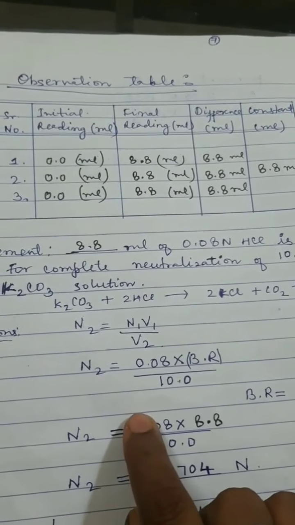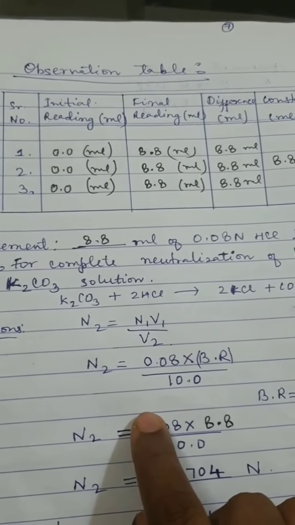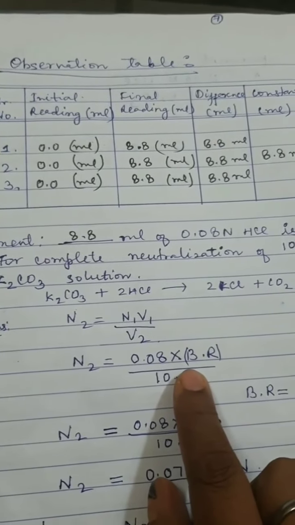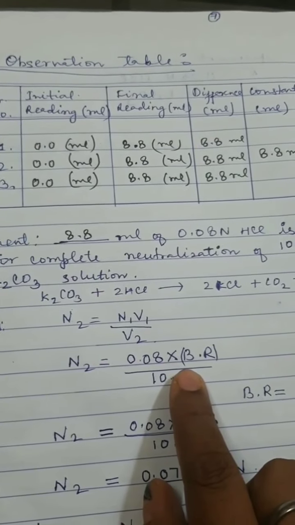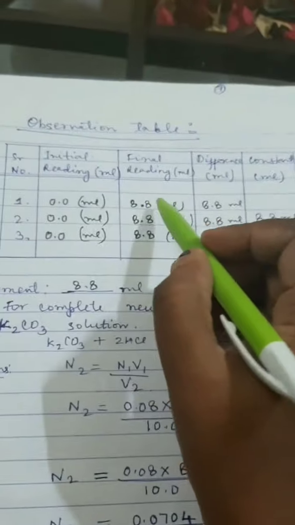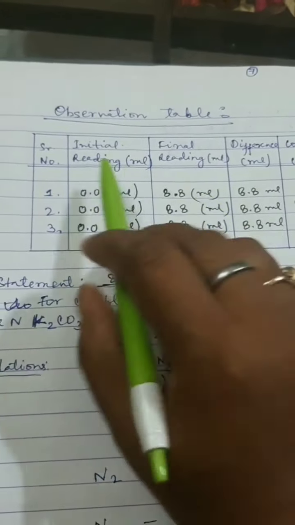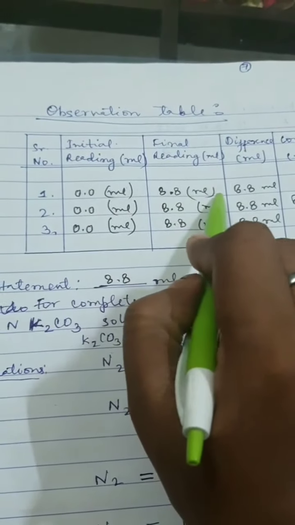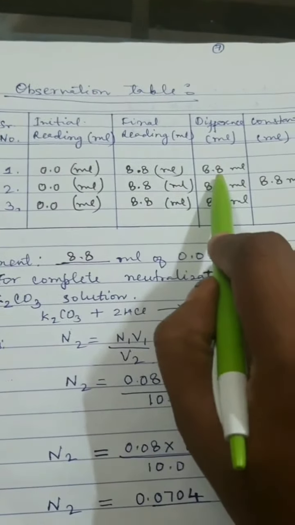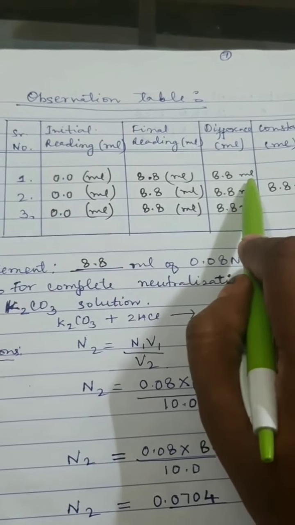So the initial reading we have taken as 0.0 ml. Then as you have seen in the procedure, the burette reading was 8.8 ml. That is why we have written 8.8 ml in the final reading of the first. Then the difference, that means how much HCl has been consumed, is 8.8 ml.